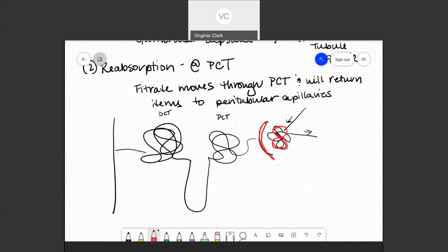We talked about this part right here with blood coming in and blood going out. This part was filtration. What we're now saying is reabsorption is going to be the PCT. This part is reabsorption.